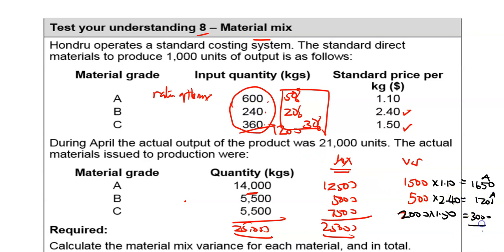And this 3,000 is favorable because you used less of it. So if I add all these three together, 1,650 adverse plus 1,200 adverse plus 3,000 favorable, I get 3,000 minus 1,200 minus 1,650, which is 150. So I get 150 favorable.